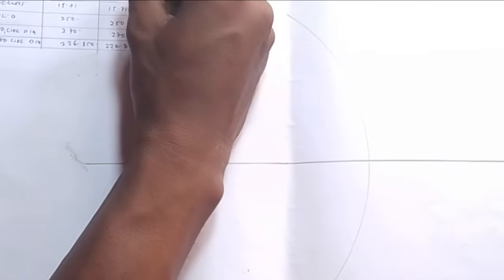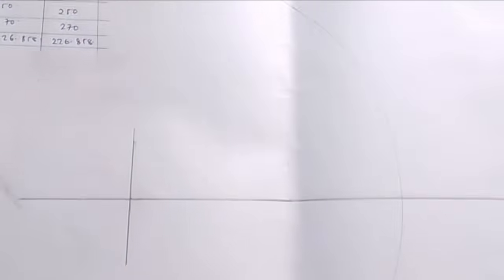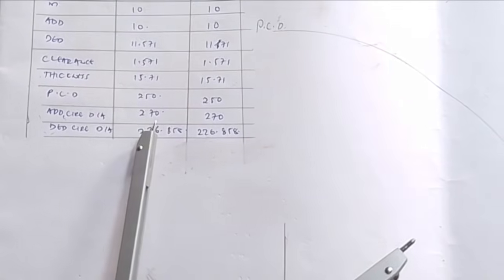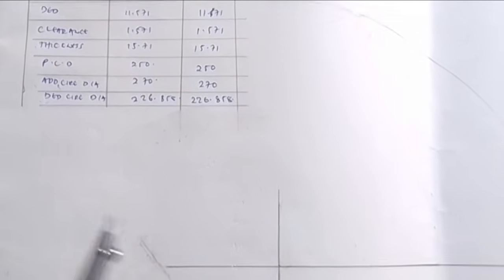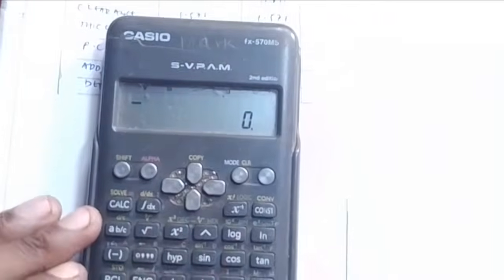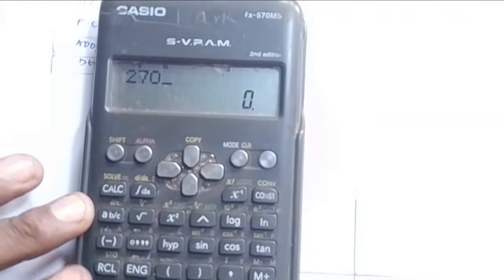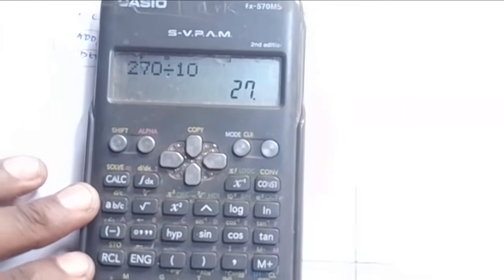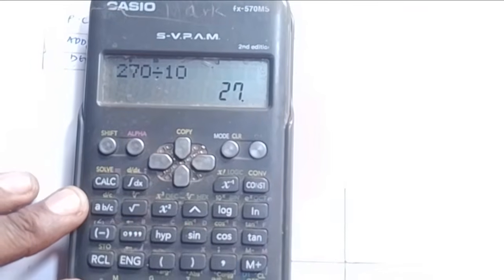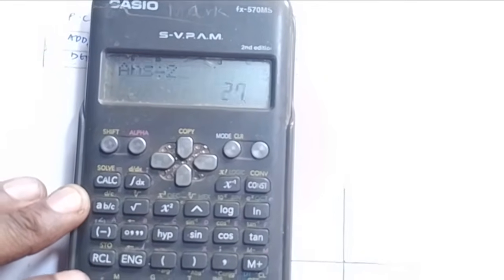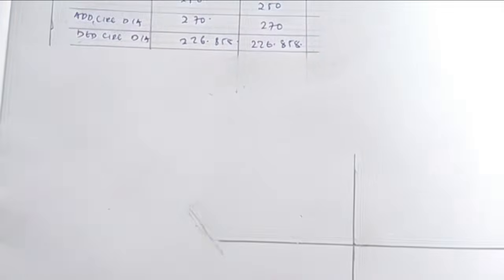The next thing we want to draw is the addendum circle diameter. The addendum circle diameter, you're told, is 270 for the wheel. On your calculator again, 270 divided by 10 will be 27 centimeters. Now divided by 2, we take half of it, it will be 13.5. Put 13.5 on your ruler.